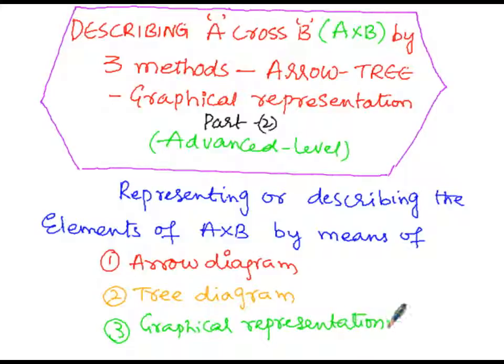Here we are going to perform one illustration to show the A cross B elements by all these three methods. So in case number 1, we are going to represent by means of arrow diagram.